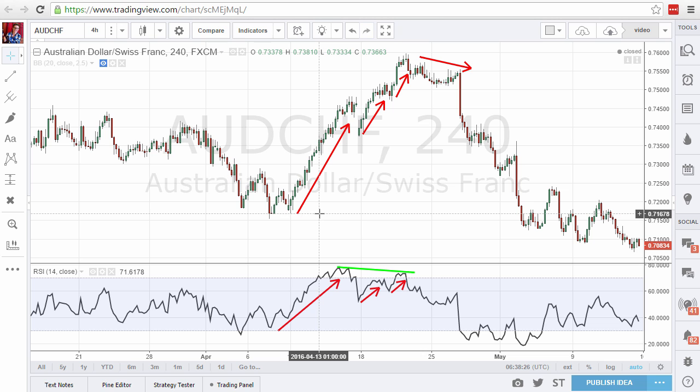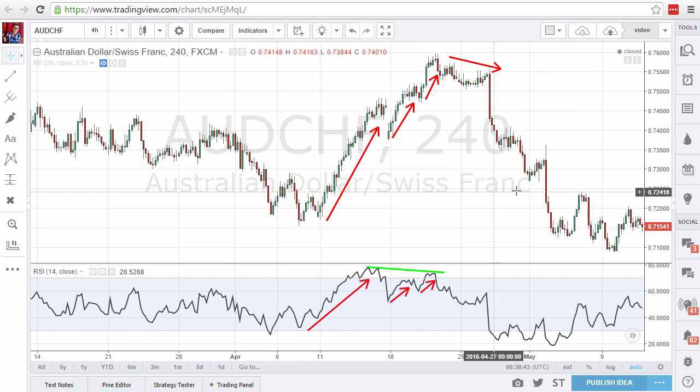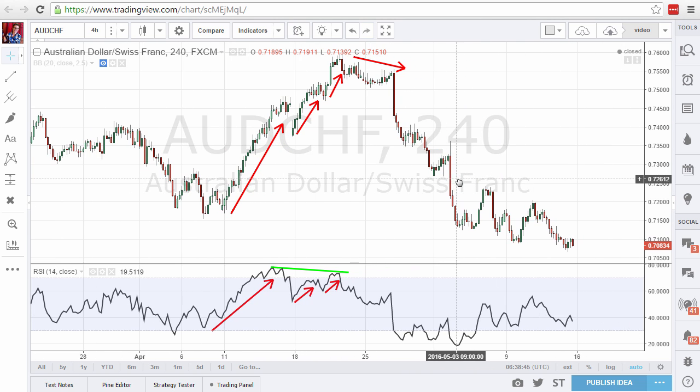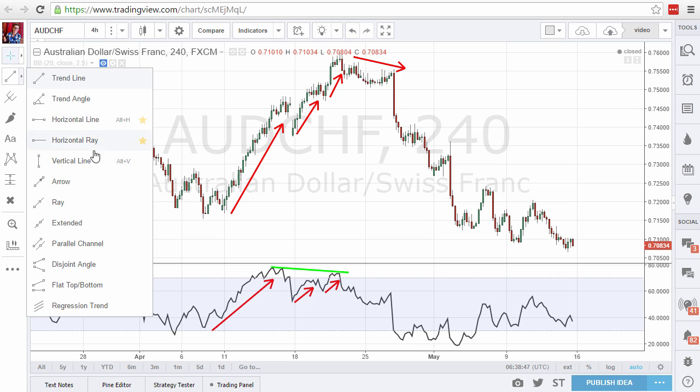The first 2 clues, if we can sum it up: first, you look for trends with multiple trend waves, at least 3. Then second, you look for the divergence at and after those 3 trend waves. And doesn't matter if you go forward or backward, you can always see this behavior.